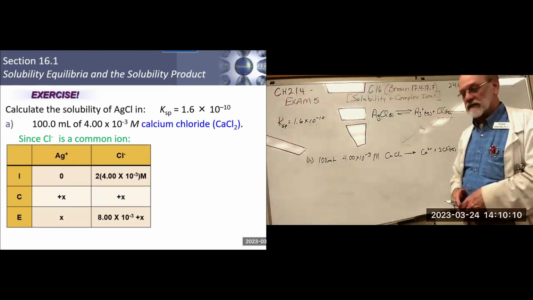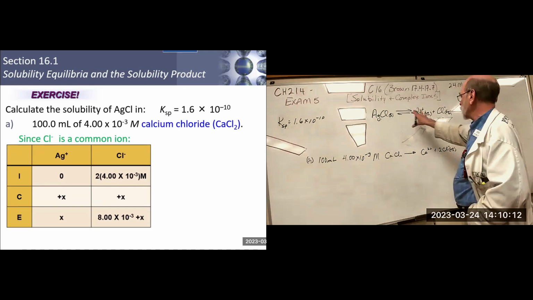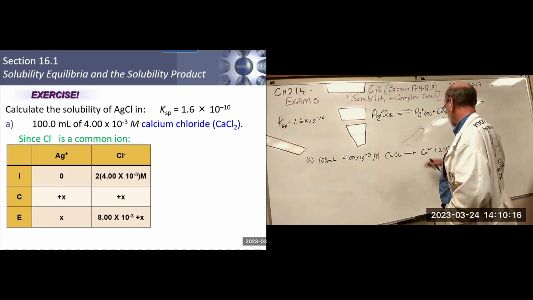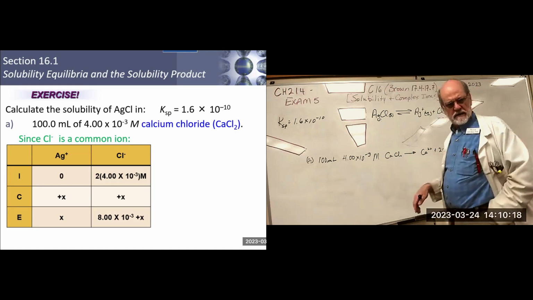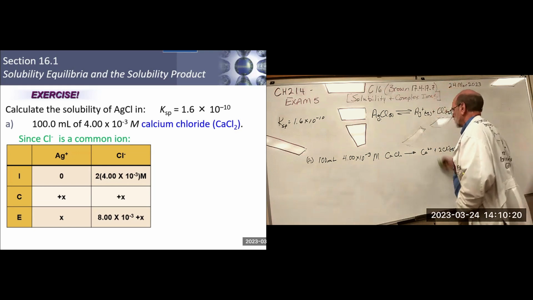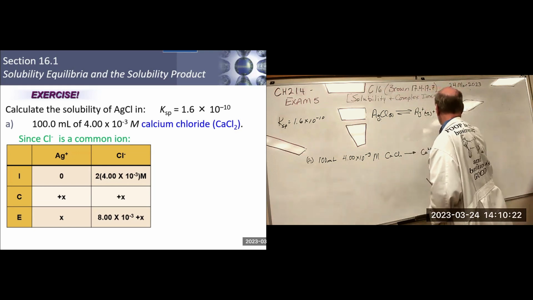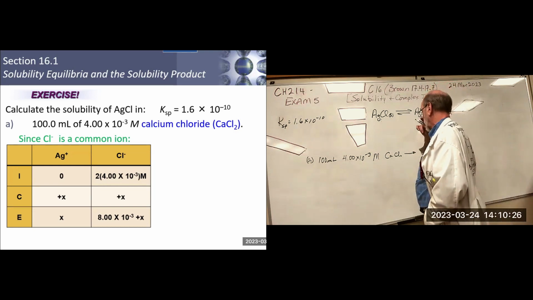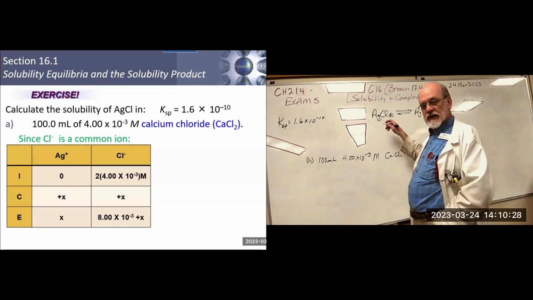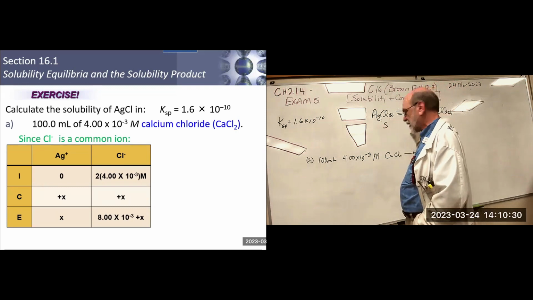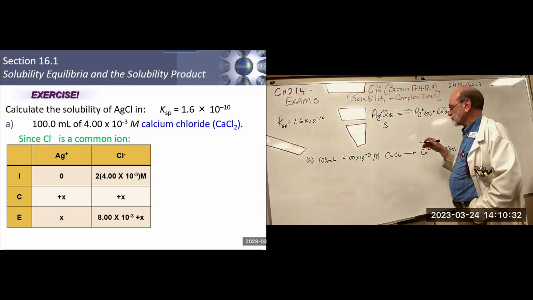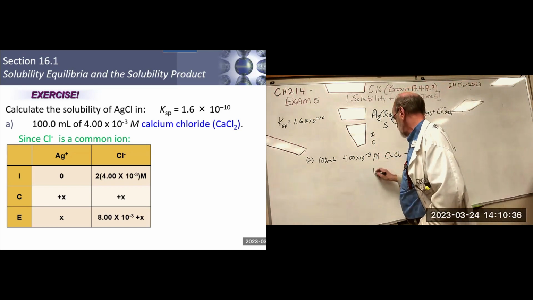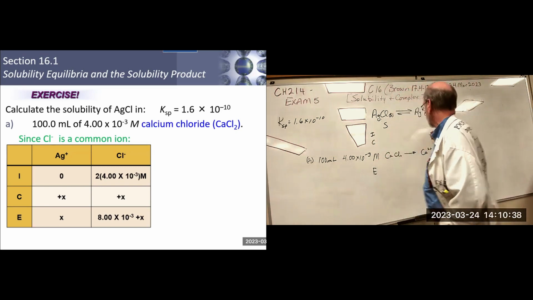Here's the calculation, right? If the solubility is a certain amount, then we need initial, change, equilibrium, right?